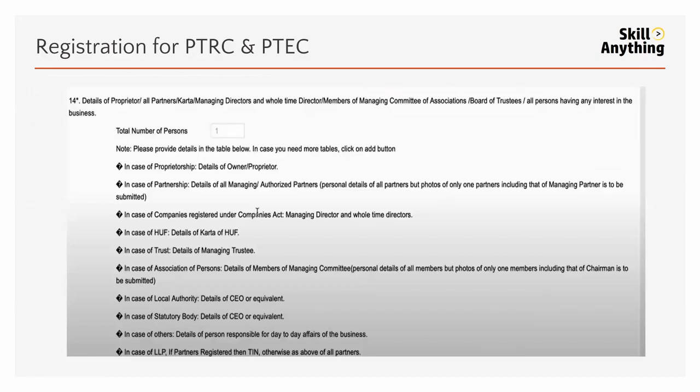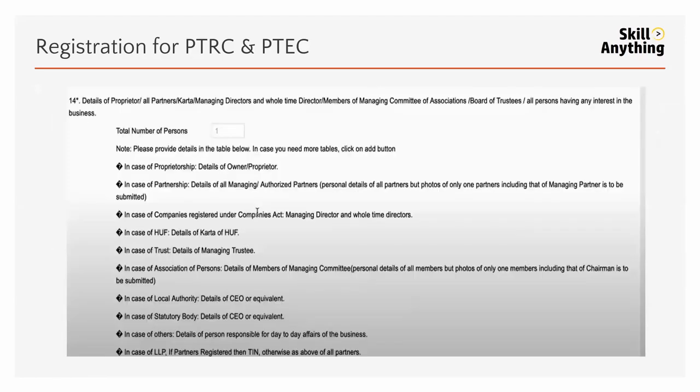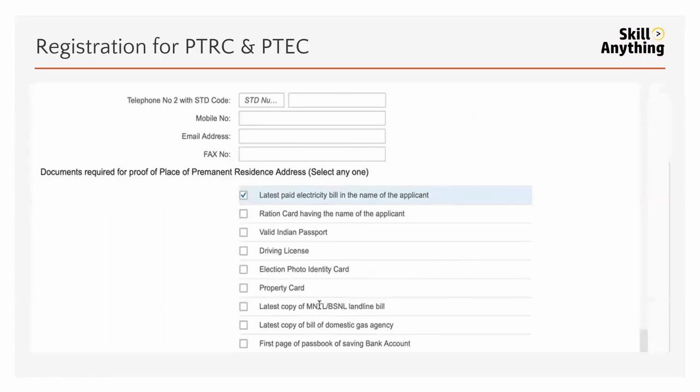In next, you will see whether you are a proprietor or partner or manager. You have to mention the number of persons. If there are two managers or two partners, then the total number of persons is two. If there is more than one person, you have to click on add and provide all the details: mobile number, contact details, residential address, meaning electricity bill, valid Indian passport, driving license, whatever valid permanent residential address proof.